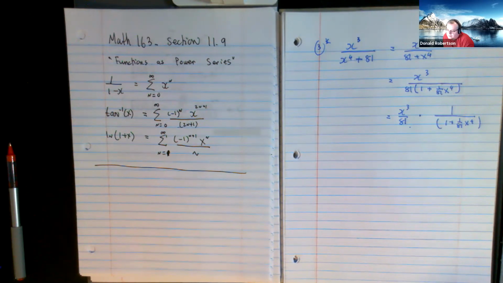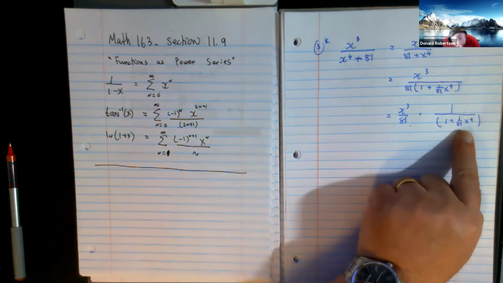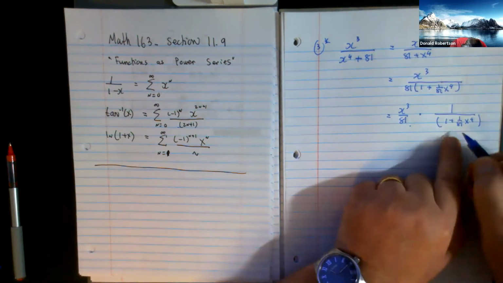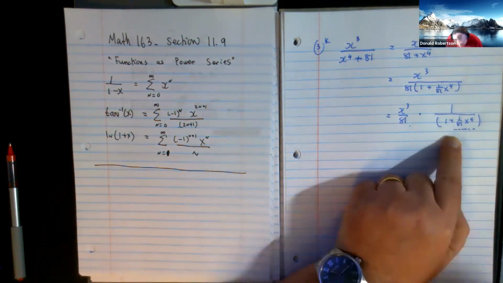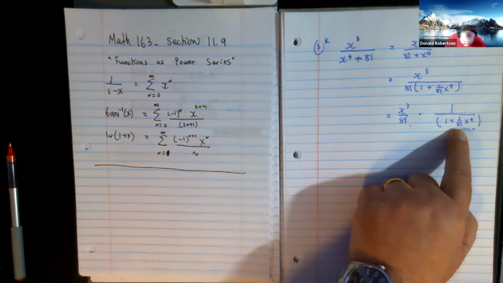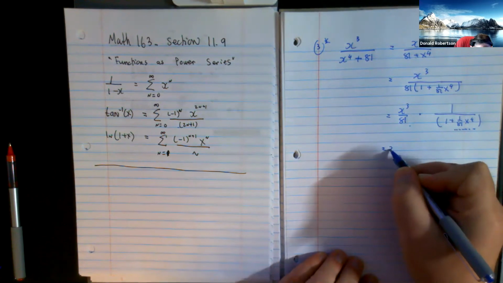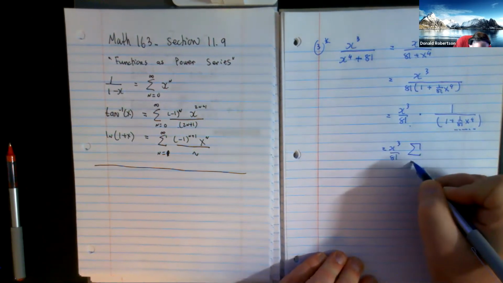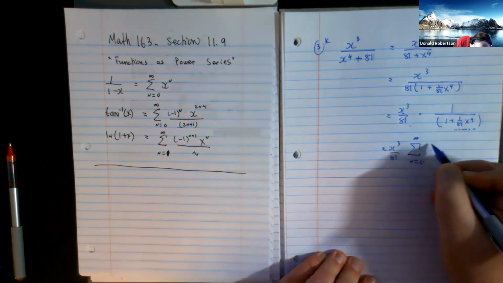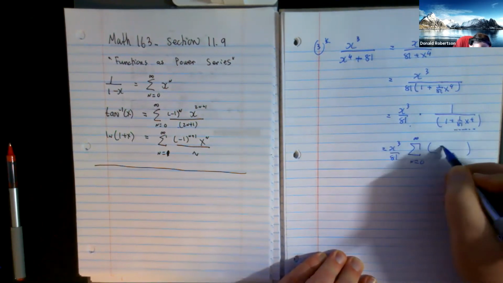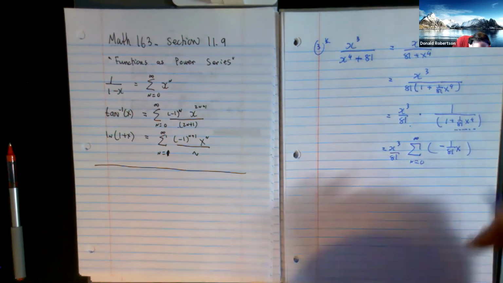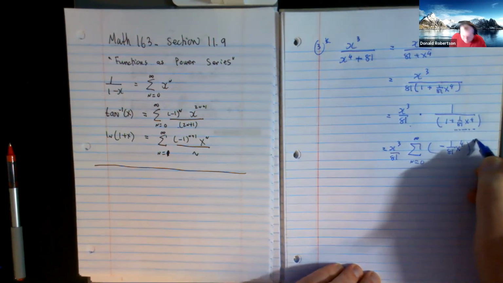Are we good so far? Right, now, this is the guy that's going to use him. Can you see that the guy we're going to use is negative that ugly fraction? So it's going to be x cubed over 81, sigma n equals 0 to infinity of negative 1 over 81 x to the 4, all raised to the power of n.